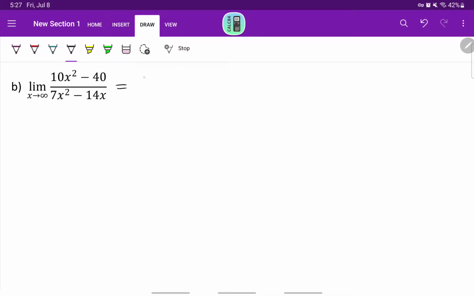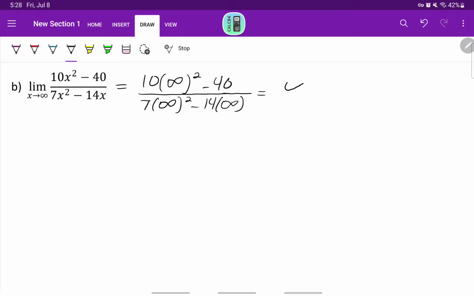So we plug in infinity. 10 times infinity squared minus 40, over 7 times infinity squared minus 14 times infinity. If you look here, my numerator is infinity. My denominator is infinity minus infinity.